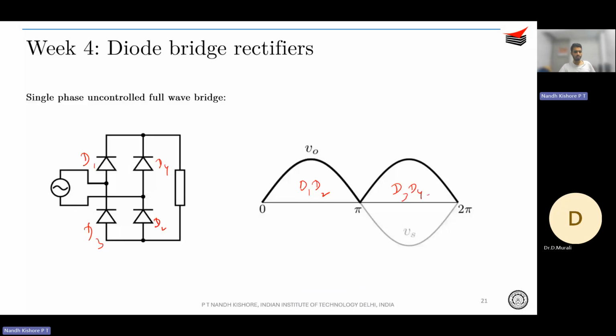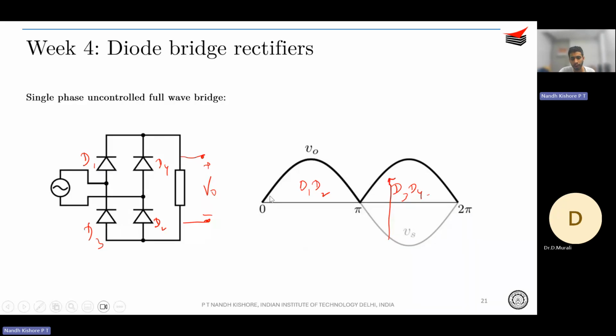During the positive half cycle, D1, D2 will be forward biased, so V0 will be just your AC line cycle. During the negative cycle, D3, D4 will be forward biased, and therefore V0 will be the rectified, inverted version of your line cycle during this period. However, this cannot be fed directly to any load, right?